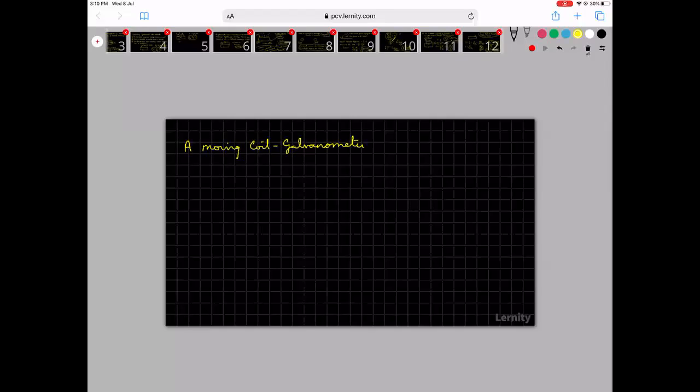A moving coil galvanometer allows full deflection, full scale current of 10 power minus 4 ampere.